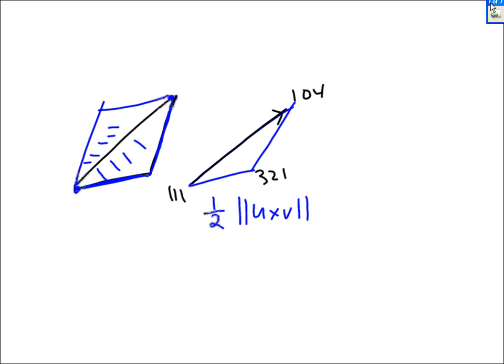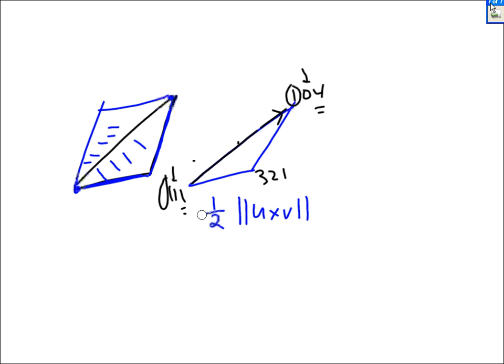Say it goes in that direction. You do 1 minus 1, you get 0. You do 0 minus 1, you get -1. You do 4 minus 1, you get 3. There's that vector. Actually, you don't want to do that one. I'm so sorry. Because that's not a vector in the parallelogram if you completed it.